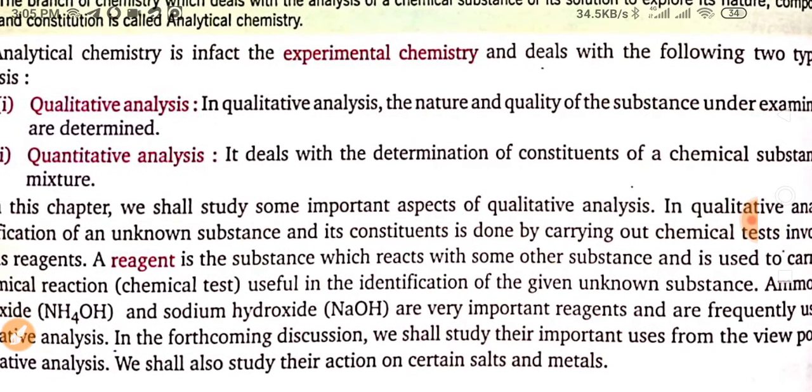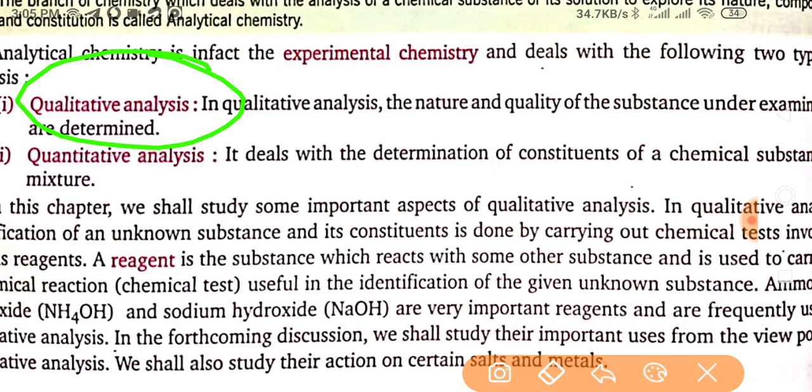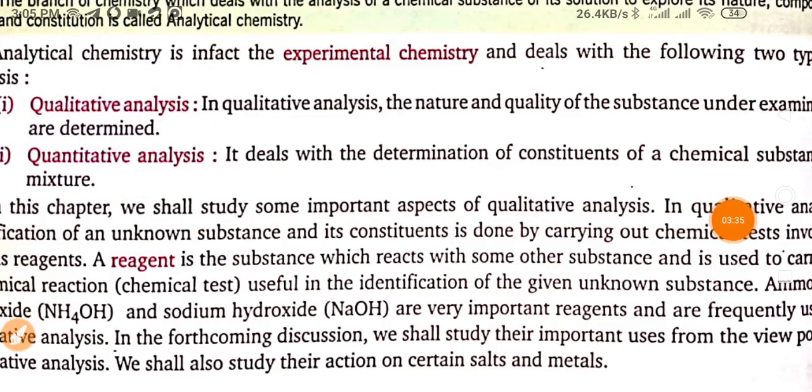It means, as the name suggests, in qualitative you can check the quality of any substance, and in quantitative you can determine the quantity, or how many constituents are found in that chemical substance or mixture.